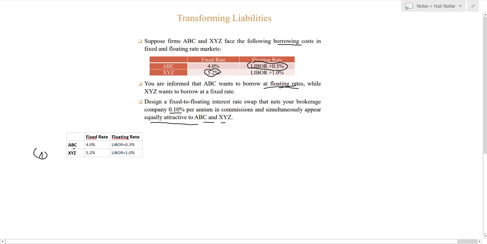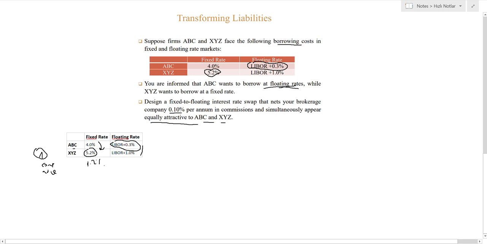The first step to design a swap is to find the comparative advantage, and at the end of that we will find the net capacity to improve. So let's write the comparative advantage. Be careful, this time we are actually borrowing money, so having a low interest rate will be an advantage for us. When I look at the fixed rates for ABC company and XYZ company, ABC company has a 1.2% advantage.